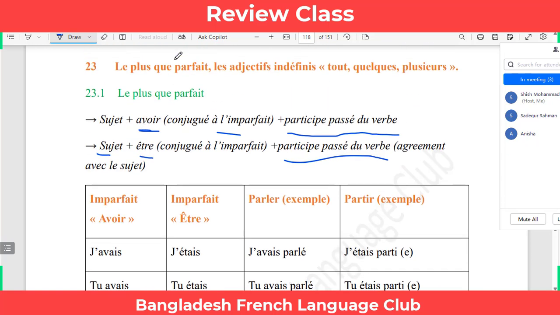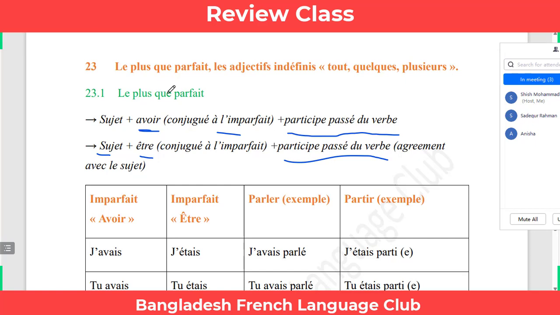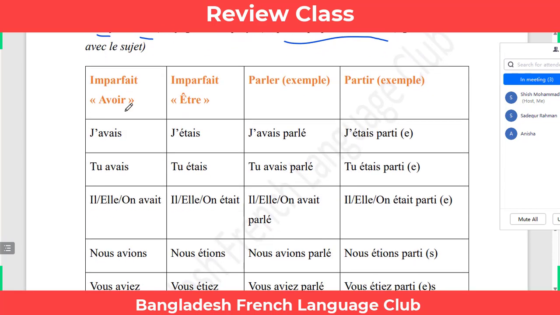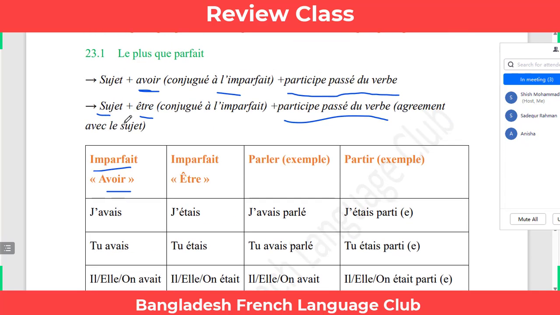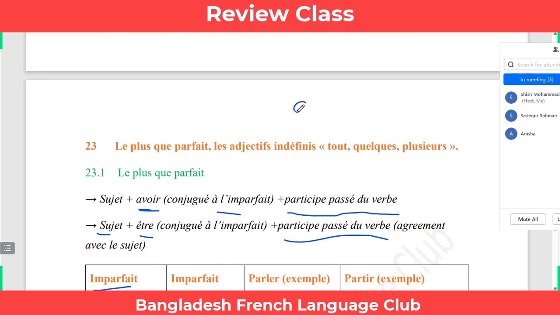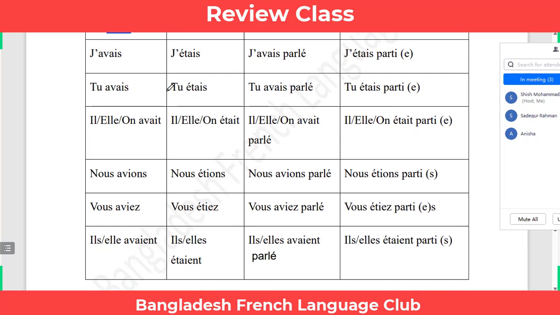So le plus-que-parfait is the past perfect tense in English. So we know the imperfect conjugation. Imperfect has special endings: ais, ais, ait, ions, iez, aient.